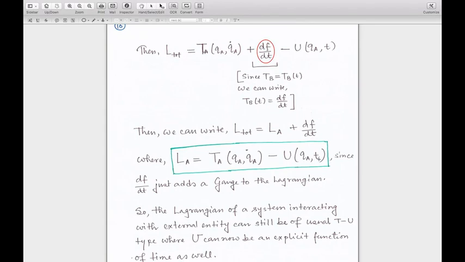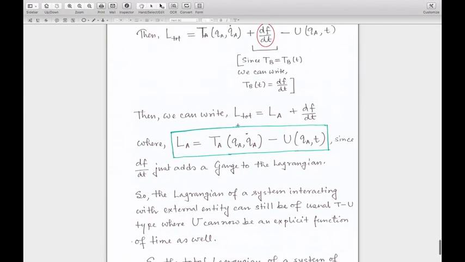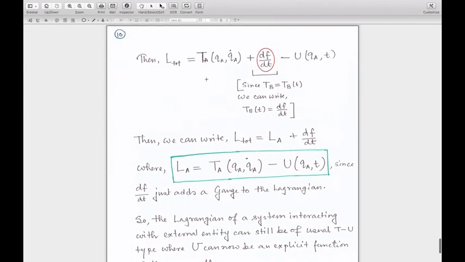So the question is, what will be the equations of motion corresponding to LA? If you know L tot, and you can write everything in L tot in terms of QA, QA dot and t, that means you eliminate all the QB and QB dots in L tot, then you are already done.